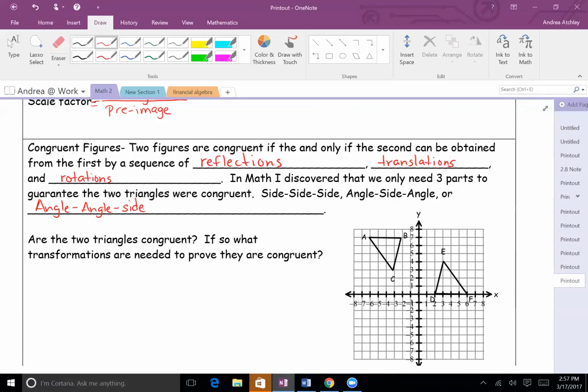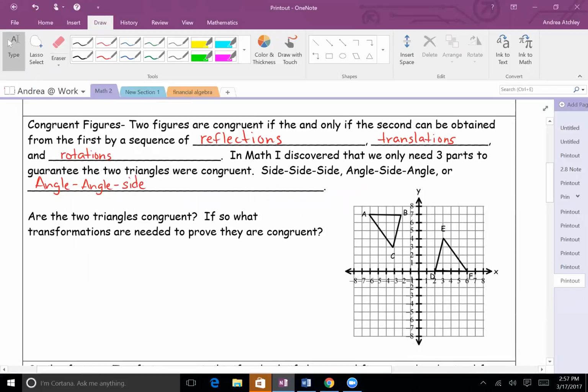So we want to prove that these 2 triangles are congruent. If they are congruent, we're going to describe the transformations that are needed to prove they are congruent. Okay, so first we'll say that triangle ABC is congruent. We need to find what goes along with angle A. So here's my angle A. What angle corresponds to angle A in triangle FDE?